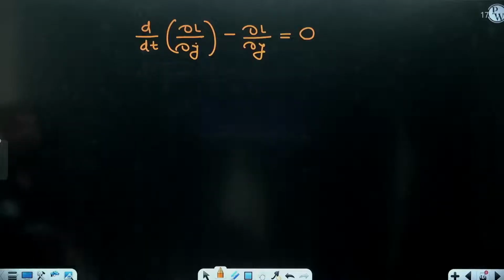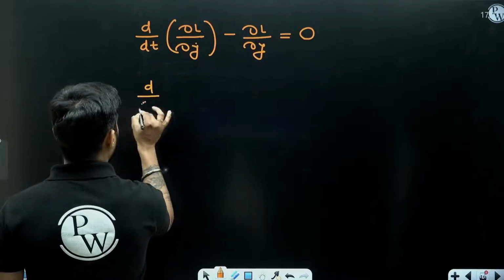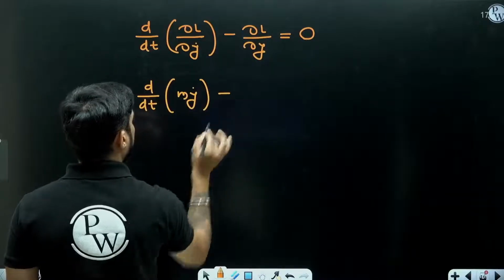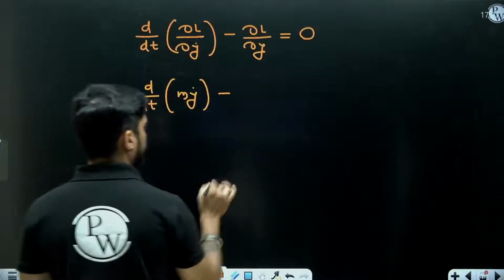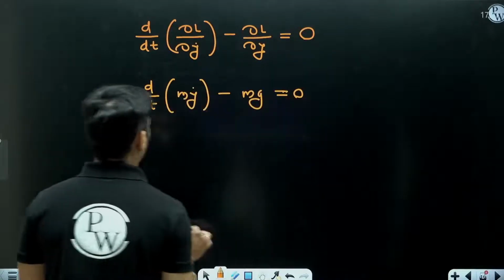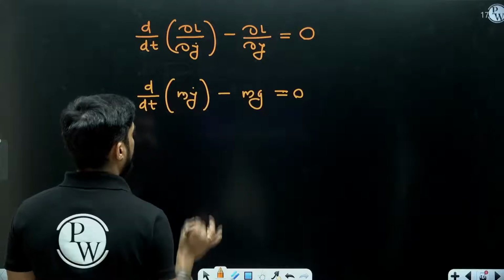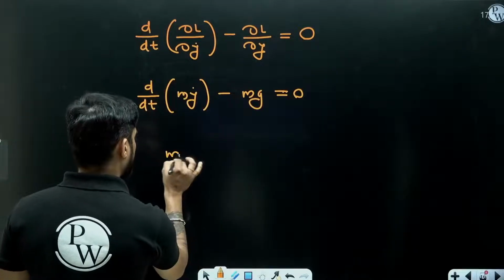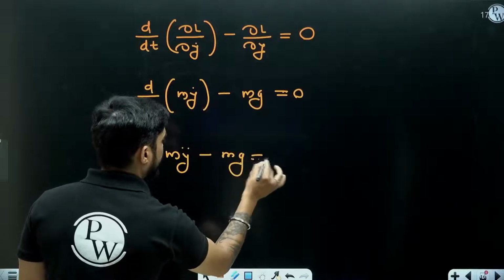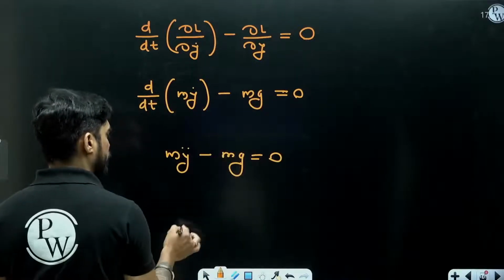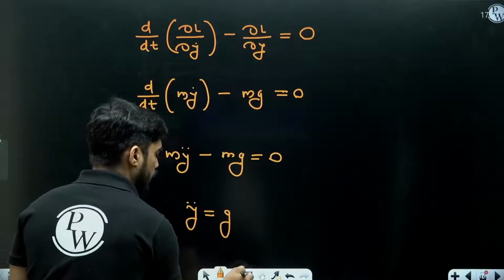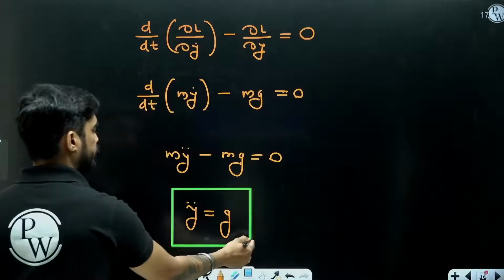So it will become d by dt of m y dot minus mg equal to 0. If I differentiate this with respect to time, it will become m y double dot minus mg equal to 0. m will be cancelled and your y double dot will become equal to g.